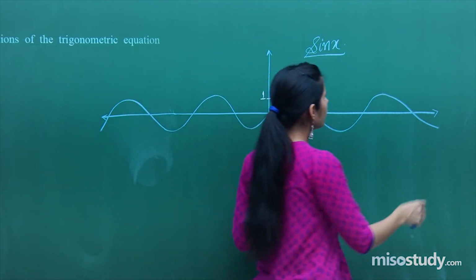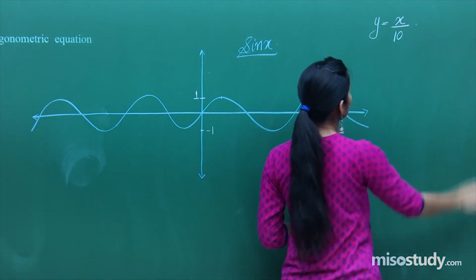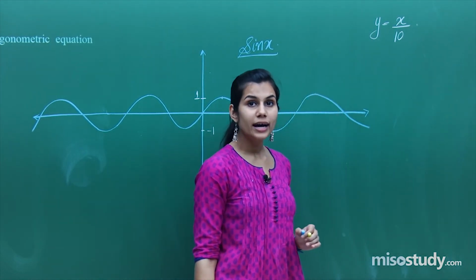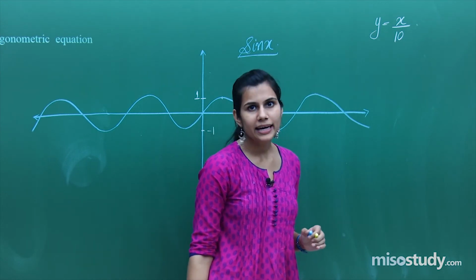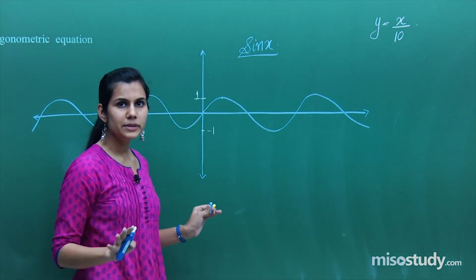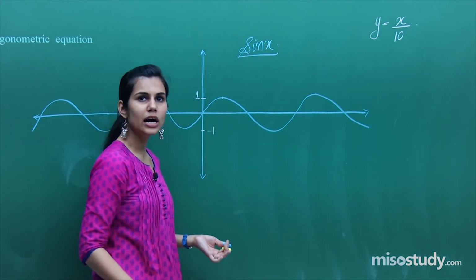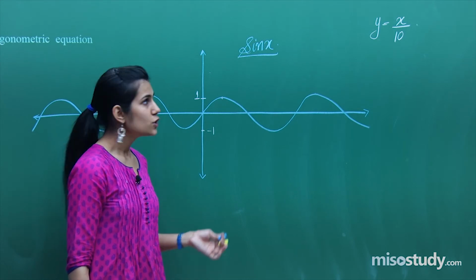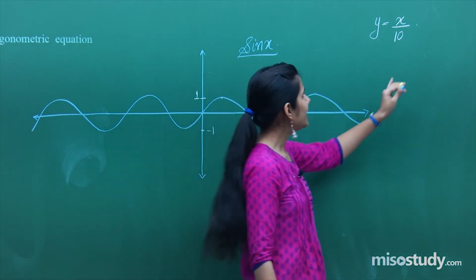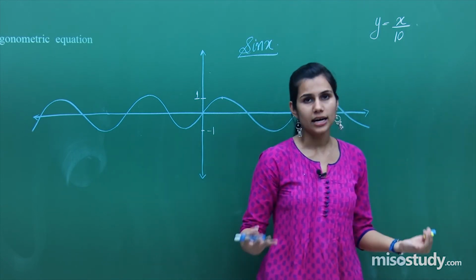If I talk about y equals x by 10, if I put x equals 1, I am going to get y equals 1 by 10. Now if I go and plot 1 by 10 somewhere, I might commit a mistake in plotting it somewhere below the graph of the sine function or above the graph of the sine function, right? So it's better to take such values of x for which y gives you integral answers.